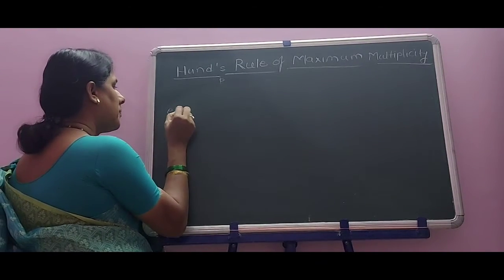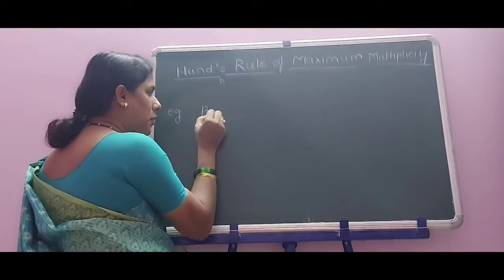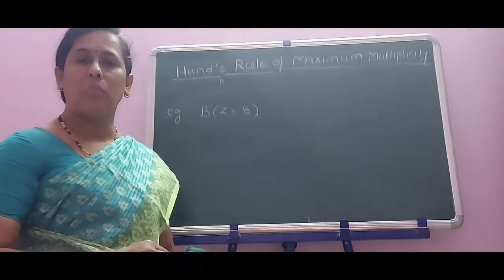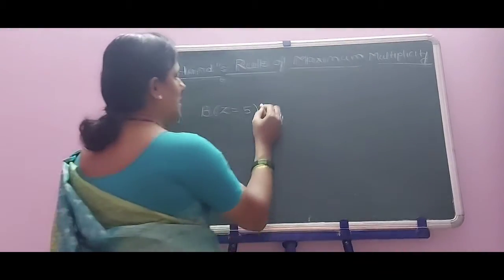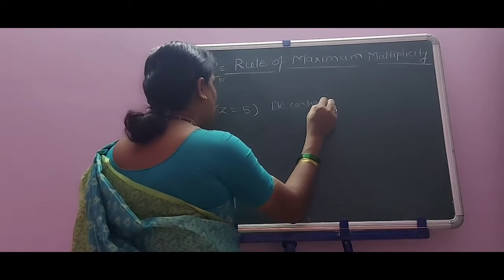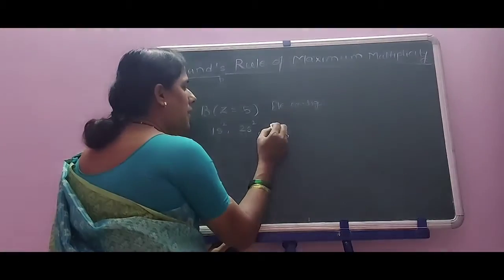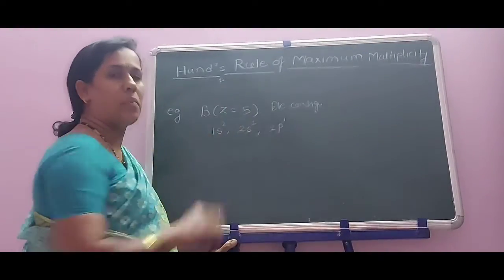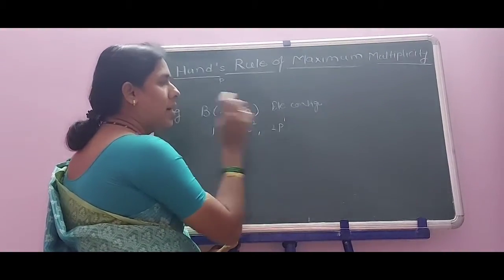For example, which element? First is boron. Z is equal to 5. Atomic number of boron is equal to 5. What is the electronic configuration according to the Aufbau principle? The electronic configuration is as follows: 1s2, 2s2, and 2p1. That is 5 electrons in total.